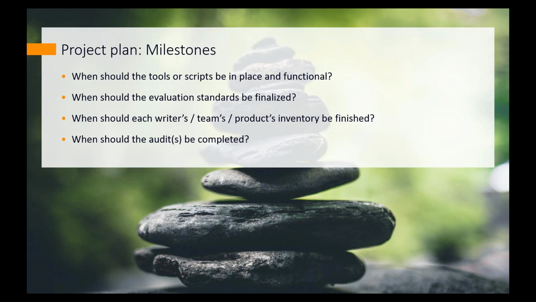Well, again, the milestones you need to know, when will you be done with everything? So your overall project plan, let's say it's a conversion to DITA. If you have determined that you need X amount of time for your conversion, you also need to know how much time you're going to need for the inventory and whether these things can happen side by side, or if the inventory needs to be fully complete before you can even start the conversion.